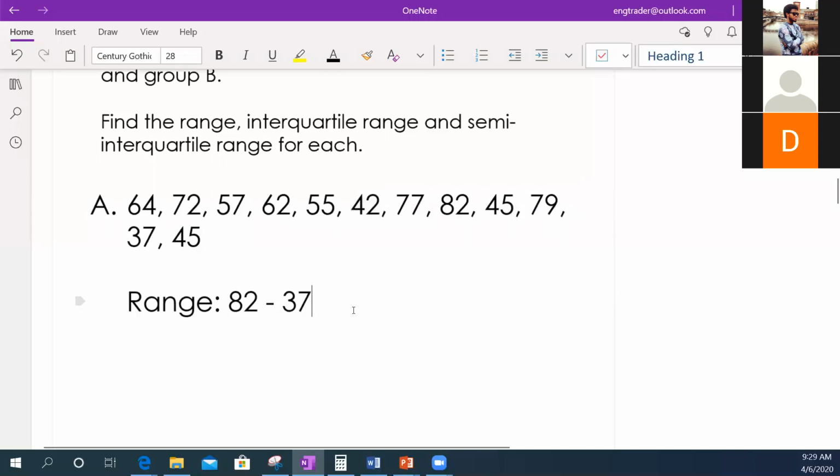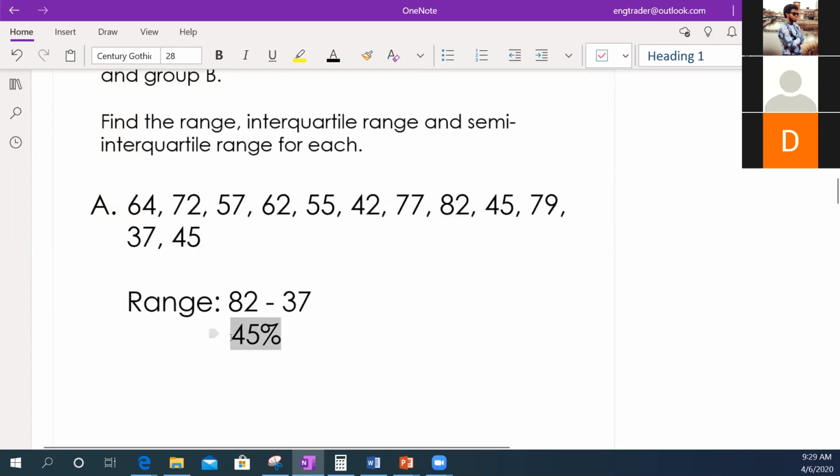Before I do it, I look back again to make sure I didn't miss any values lower than 37. Now when we subtract 82 take away 37, the answer is 45. So 45 was the range of the data, the difference between the highest and the lowest. Since we're talking about grades, 45% was the range from lowest to highest.